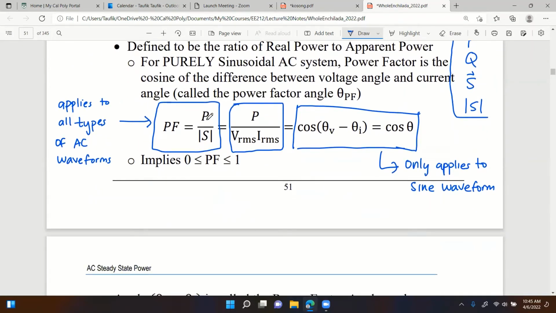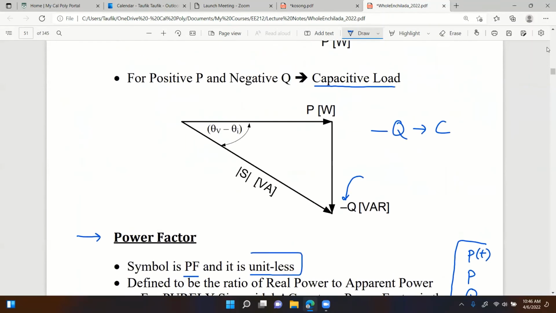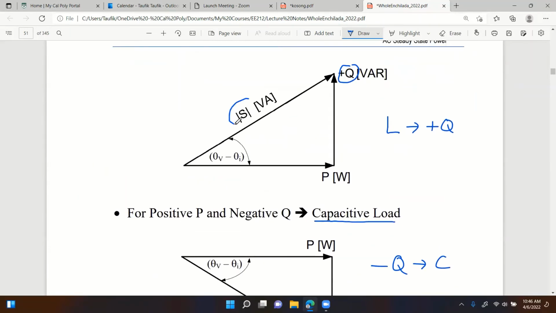Now, since it is a ratio of the average power and apparent power, the value should be less than 1, right? That should be apparent if you look at the triangle. S is the hypotenuse, and P is on the x-axis.